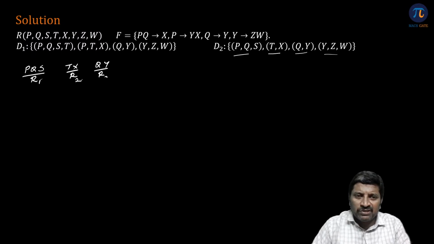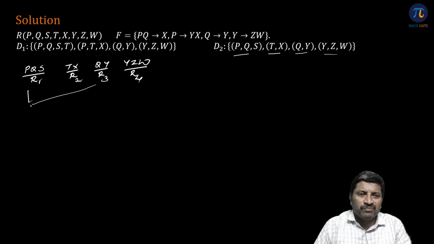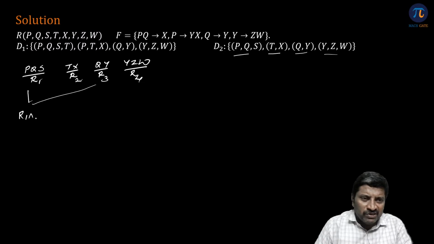QY, this as R3. YZW, this as R4. Then R1 intersection R3, what is the common attribute? Q. What is the closure of Q, sir?